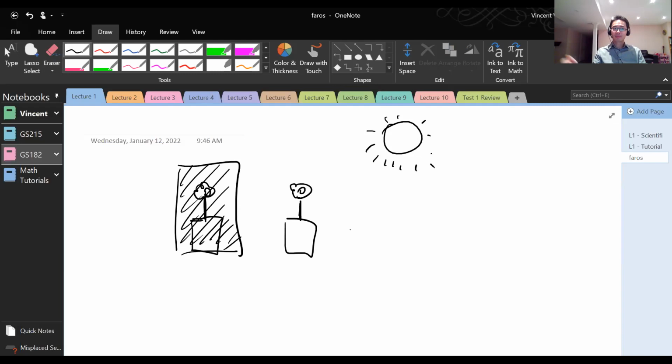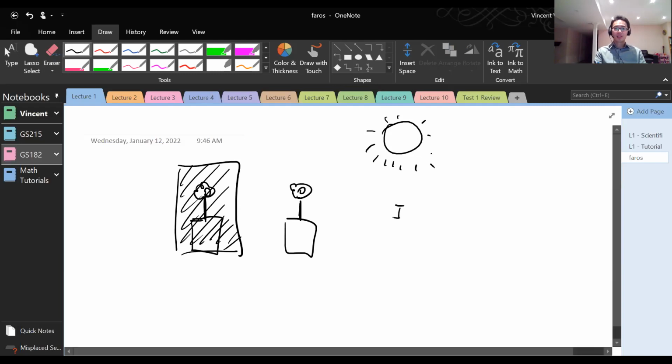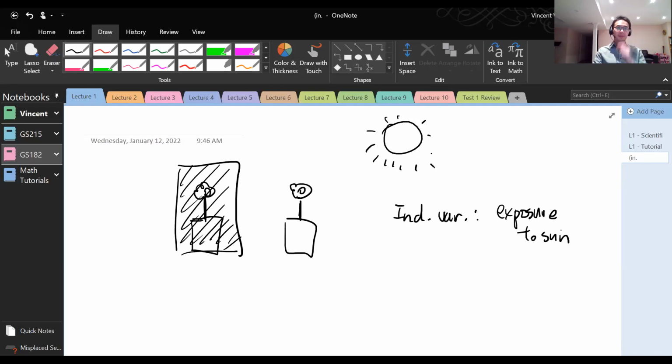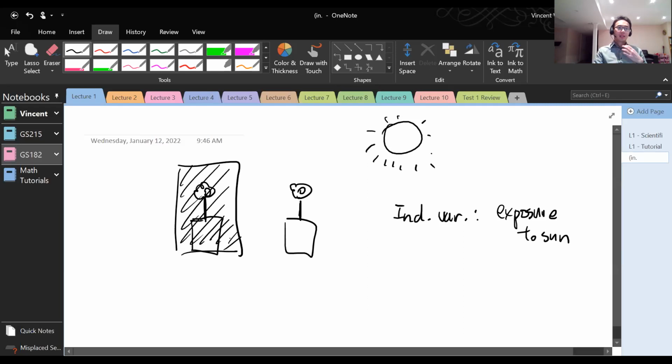Correct? So in this case, the independent variable is exposure to sun. In other words, yes sun or no sun. Is that part clear? Okay, what am I measuring?